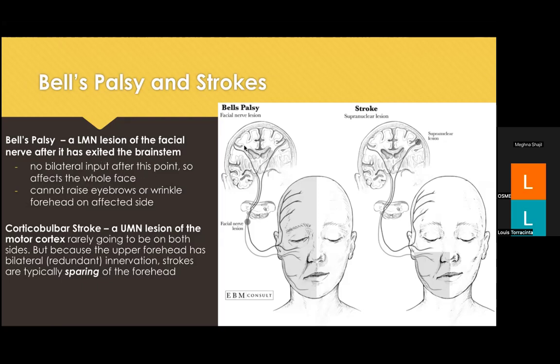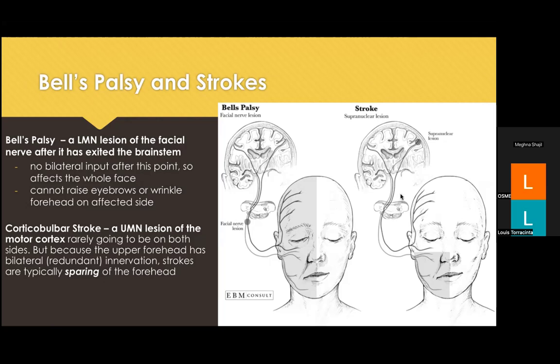The lesion is affecting the whole side, so you're not going to be able to move a whole part of your face. If someone has a Bell's palsy, they cannot raise their eyebrows or wrinkle their forehead on the affected side. So that's a really good way of checking. You say, can you raise your eyebrows? And they say, no. Well, you know they don't have a stroke.